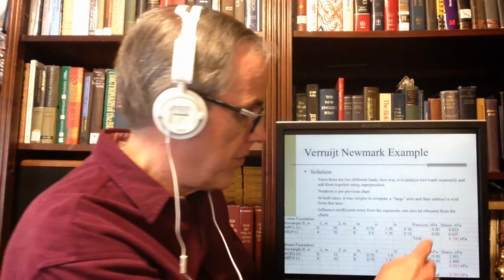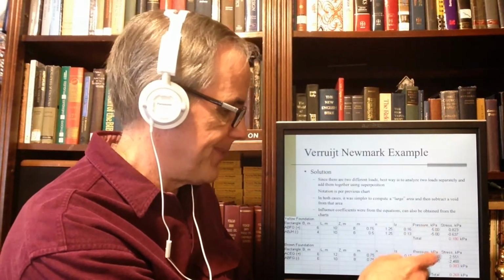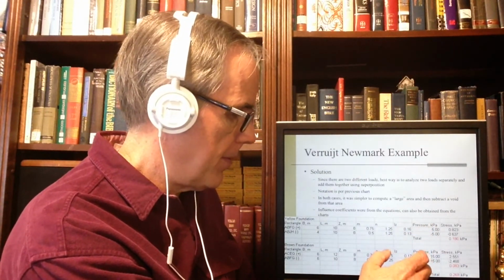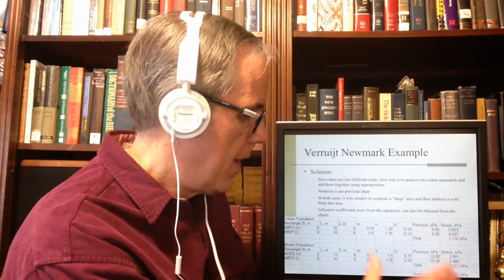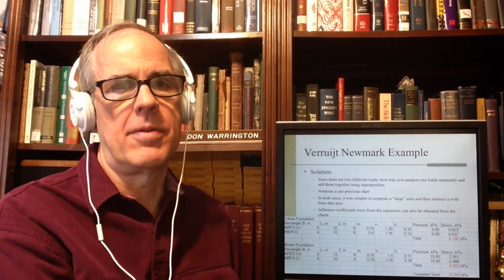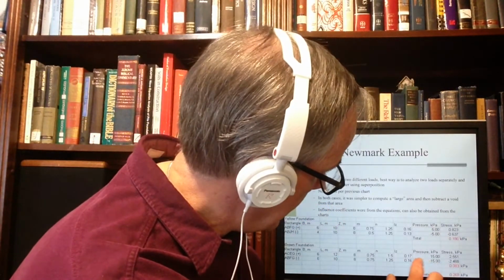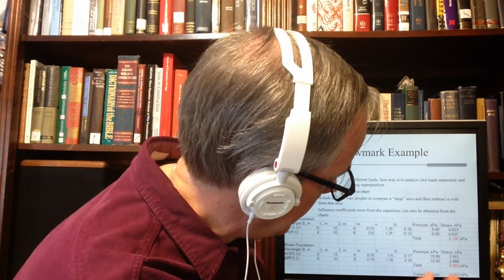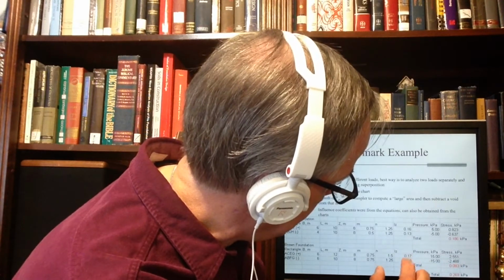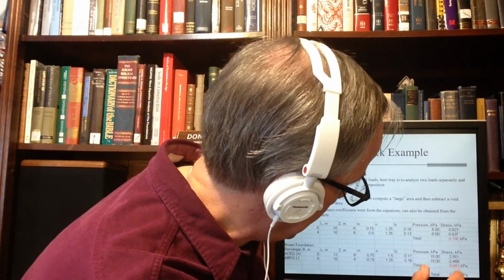Notice that these pressures are different, but since I'm subtracting this load from this one, it's the same. There are ways, I guess, you could mix them up, but the things are mixed up enough as it is, so let's just leave it. I get this, and I get 0.083 kPa. I get these influence coefficients, and I subtract this negative pressure, I get this.